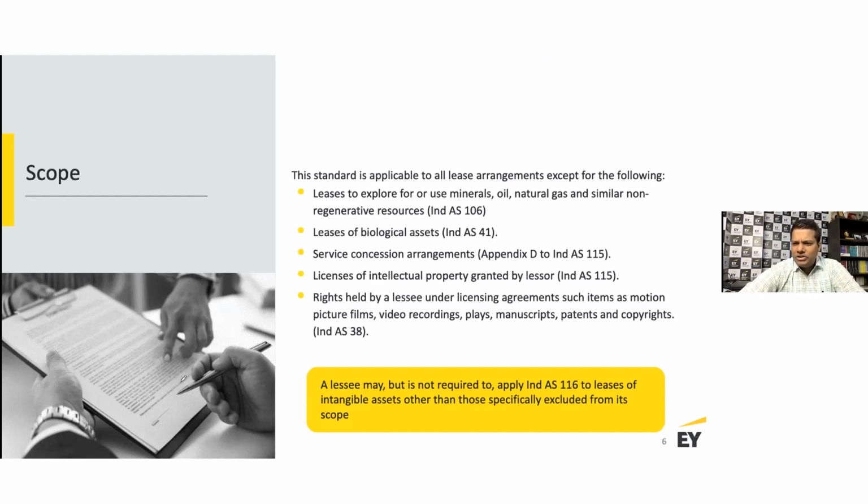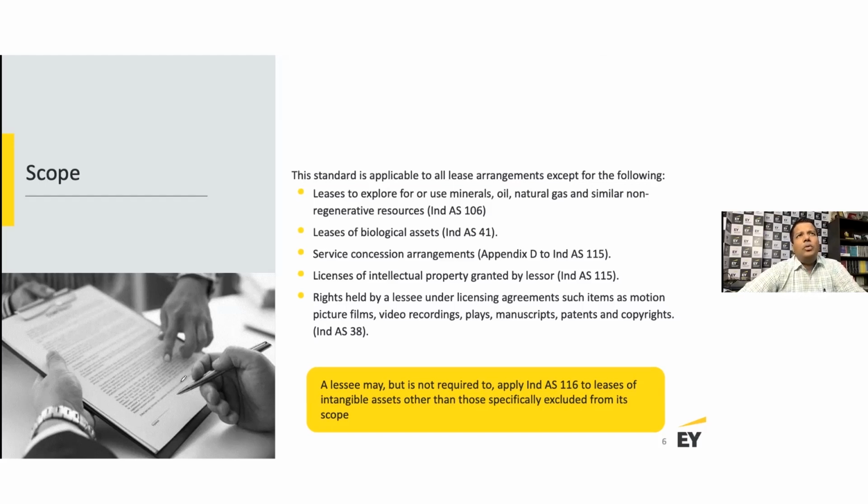I think the position is that for software, it seems to be an accounting policy choice whether we want to apply Ind AS 116 to a software arrangement, because it is not specifically excluded, but it is in a way an intangible asset.